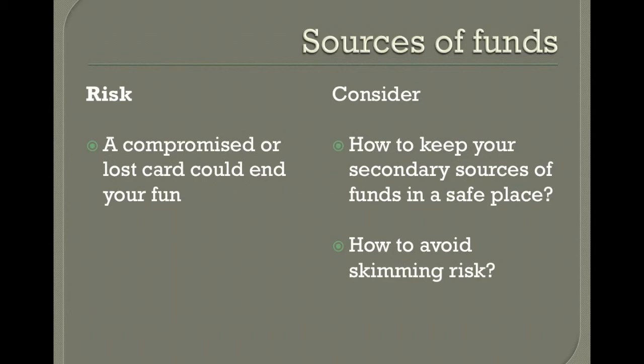But you need to make sure that you are not compromised, that you have at least a secondary source of funds that can assist you, or someone back home who's prepared to transfer money to you via Western Union. Skimming is endemic, sadly, in some places, and in some places you'd be surprised about as well.